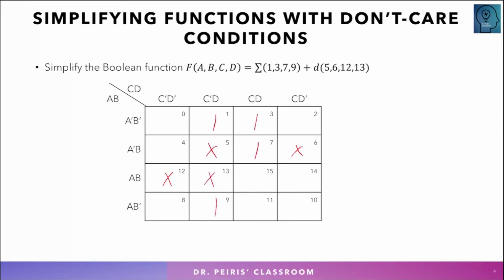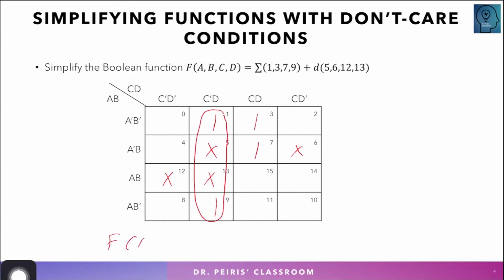You can see that I need to group that one. So basically this one must be grouped if I do this entire group. That's the best way to do it, so you can make a larger group. Definitely this one is going to be enclosed here with 4 terms. So you see that here we treated these crosses as ones to make a larger group.